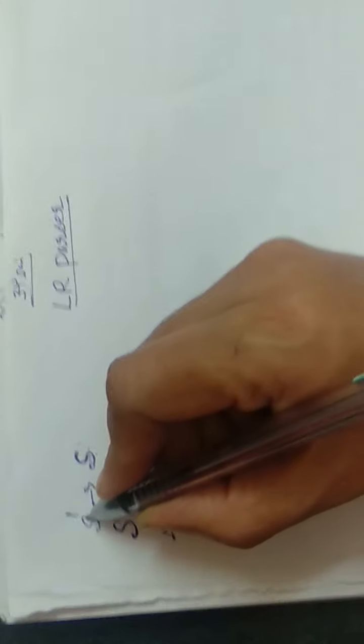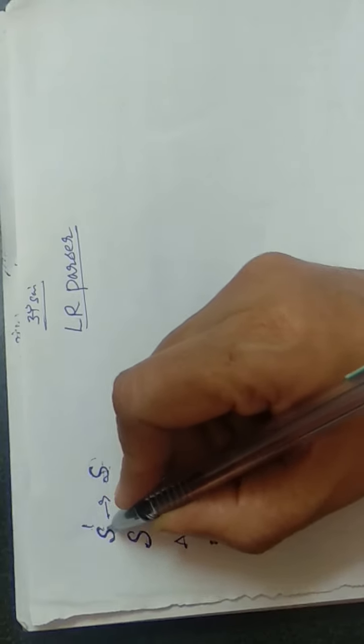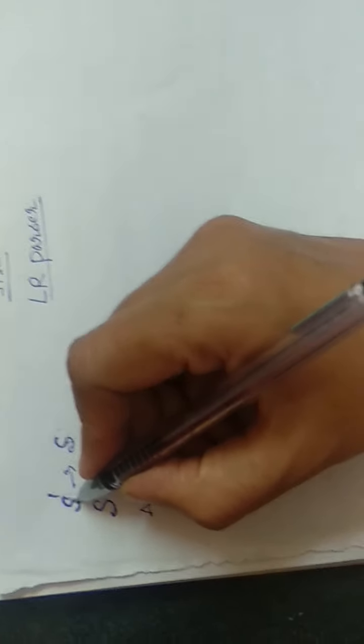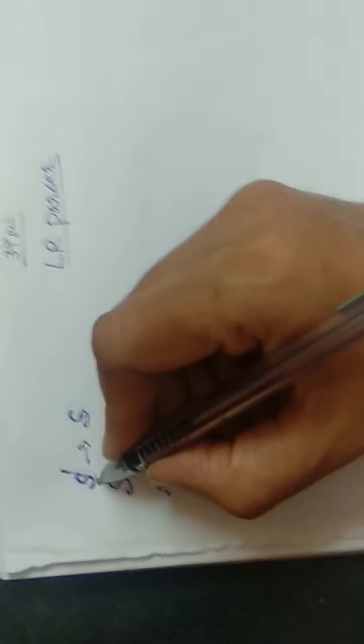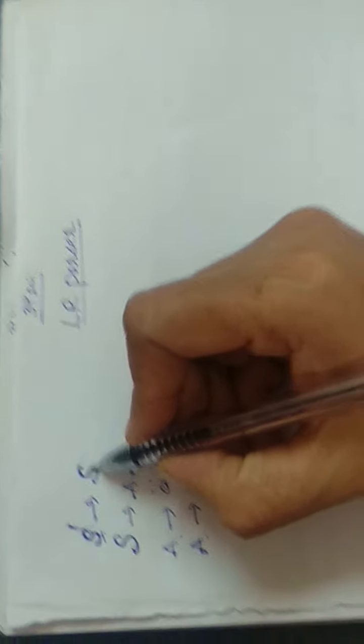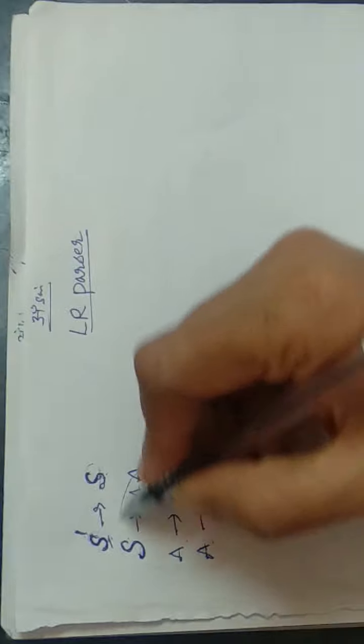The newly introduced variable can be anything. Here I have considered S dash, which is used to indicate the start symbol again. It acts as the new start symbol for the augmented grammar. S dash implies S, and what does this S contain? Again S contains this entire grammar.